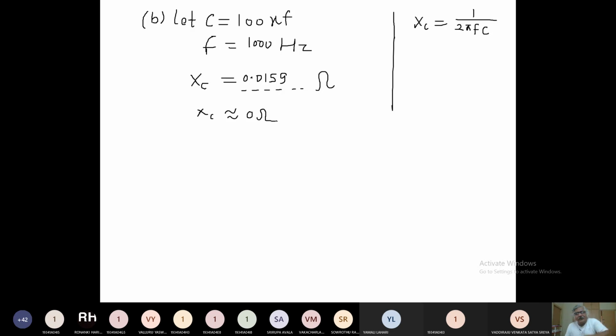So what is the conclusion? Now one more thing, you see this expression Xc is equal to 1 over 2 pi f C, and the frequency we are talking about for low frequency is 20 hertz to 20 kilohertz.